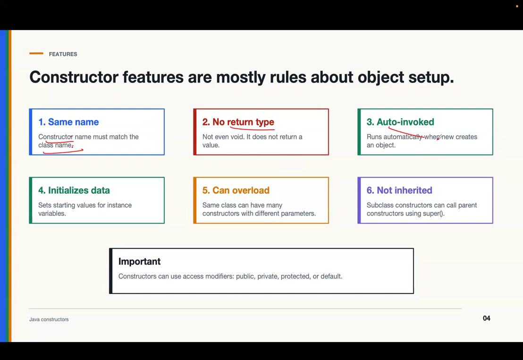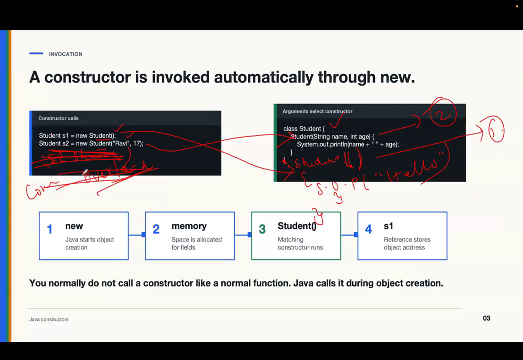When exactly will this get called automatically? When an object is created. Yes, when a new object is created. And what can we do? It initializes data, right? We can initialize any data, and it sets starting values for instance variables, like we have seen in the earlier class.